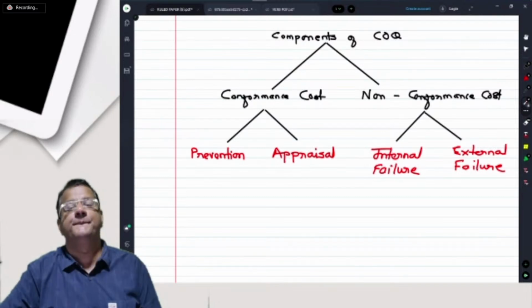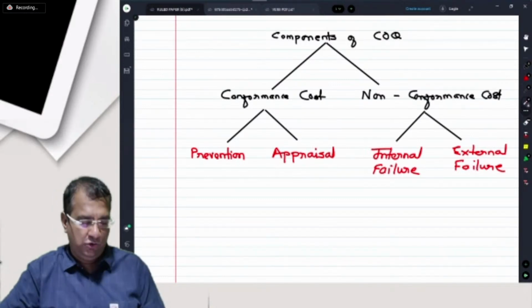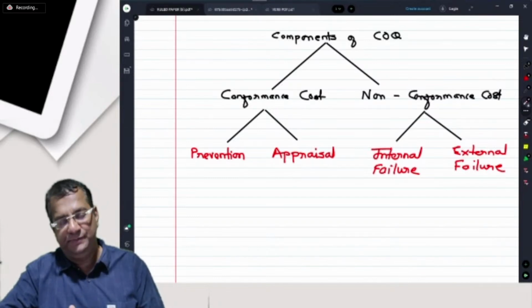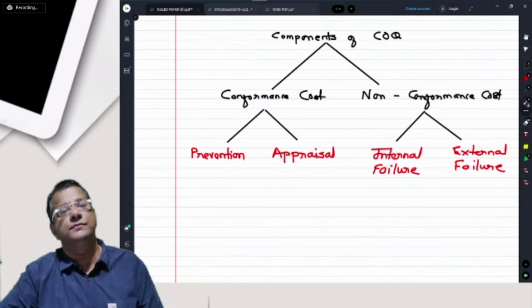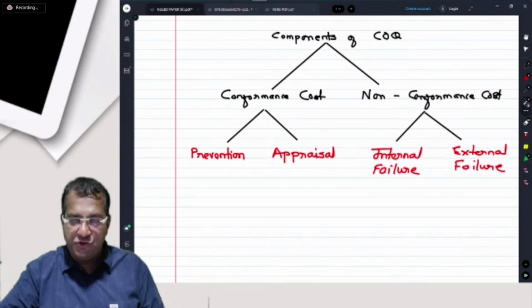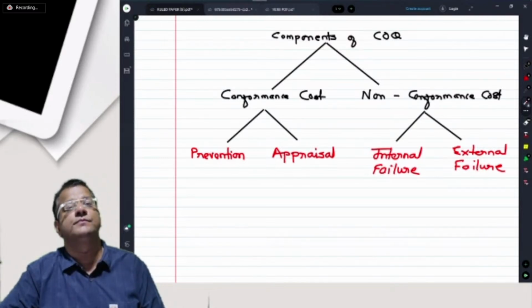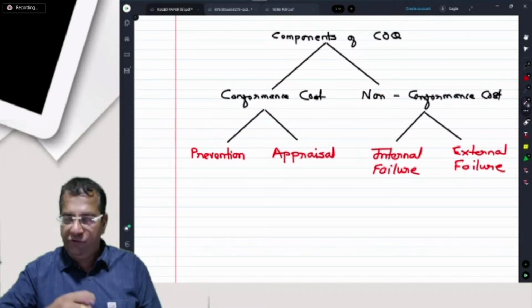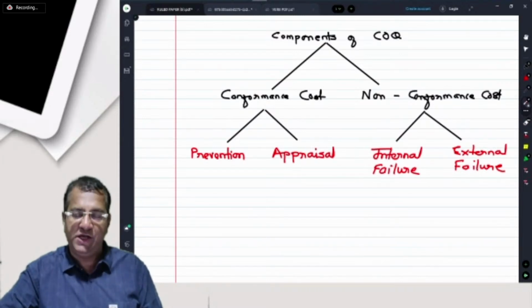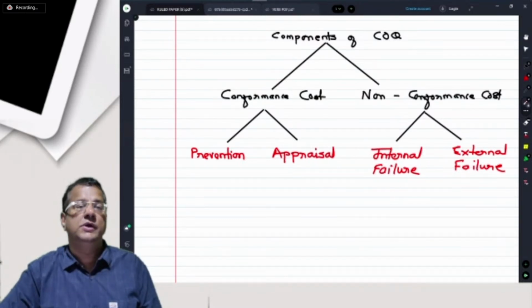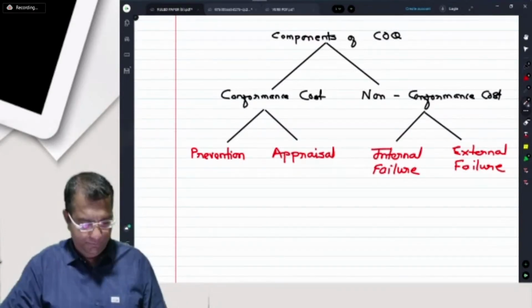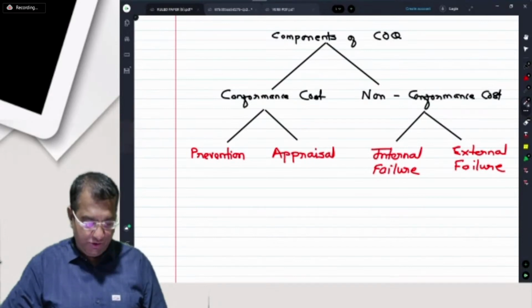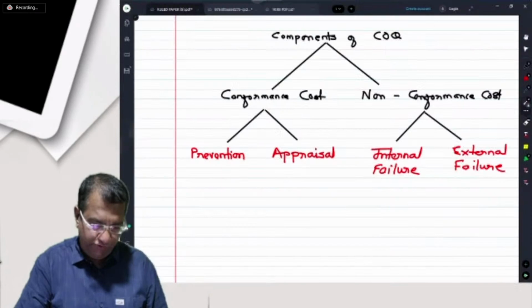Cost incurred to identify the defect in the finished goods or raw material. Full stop. Continue in the same point, beta. Next line, this is still the appraisal cost point, but in the next line: also the cost incurred to identify defects is known as appraisal cost.